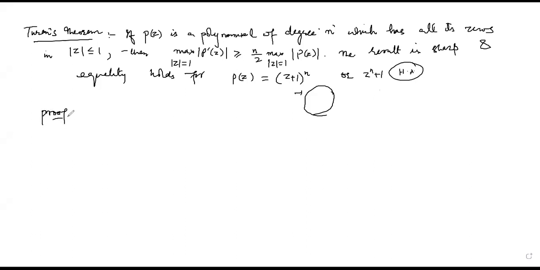Proof. The proof is rather easy. So let z1, z2, up to zn be the zeros of p(z).